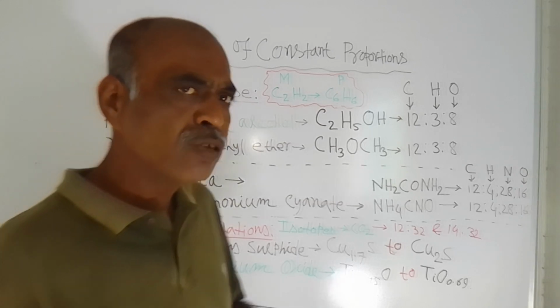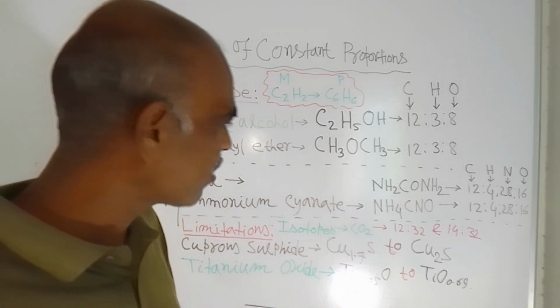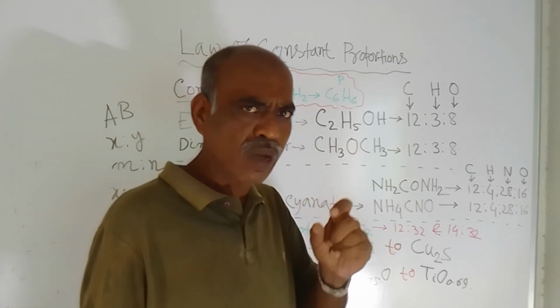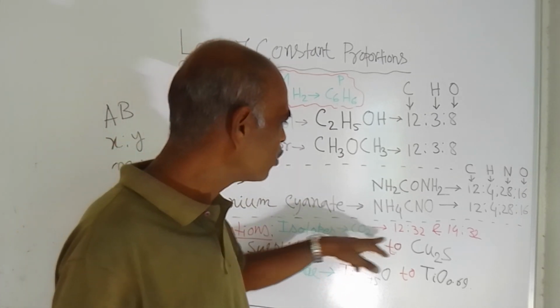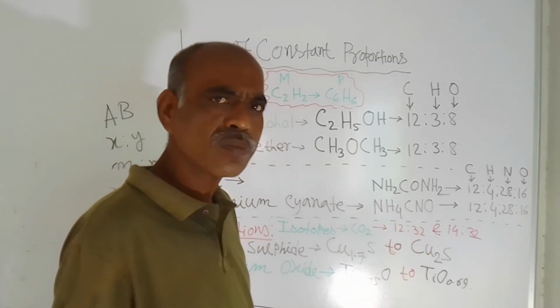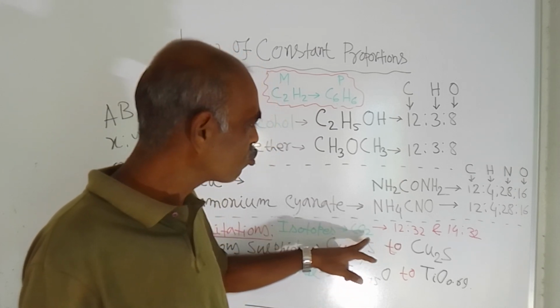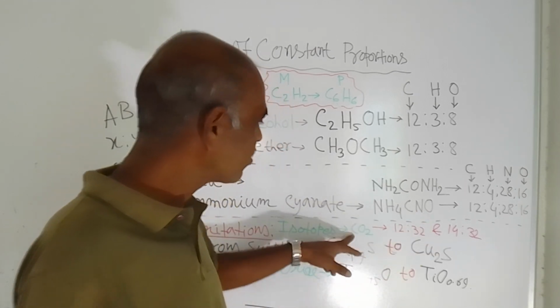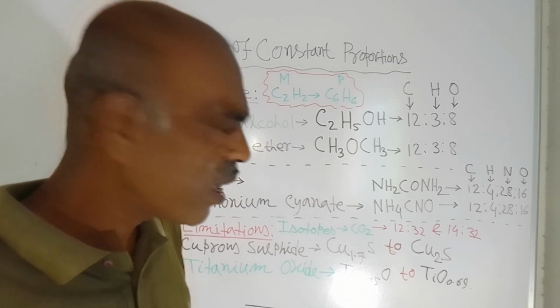So if the two isotopes are used to form carbon dioxide, then for C12, the mass ratio will be 12:32. Here O2 is there, so 16 into 2, that is 32. And for C it is 12. It is the C12 isotope.